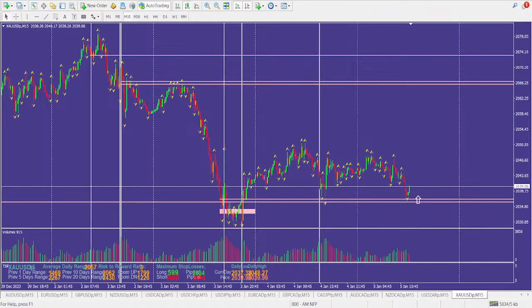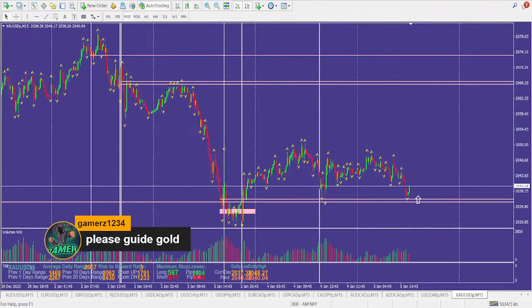These are the levels we're going to be focusing on, obviously. And make sure, guys, you trade like smart traders, you follow the smart money. This is the gold setup. If you do have any questions, feel free to ask.